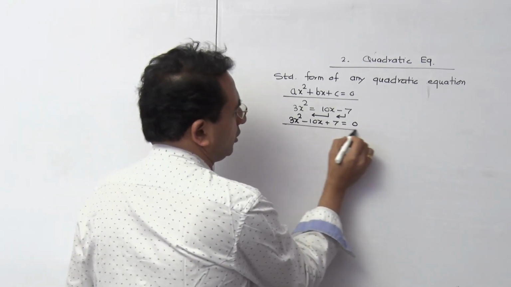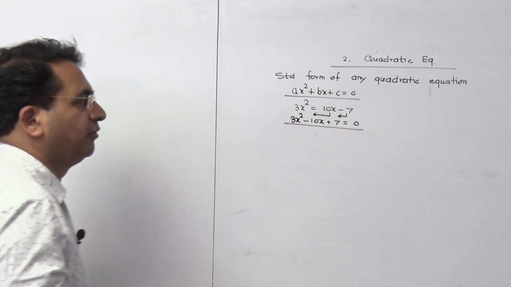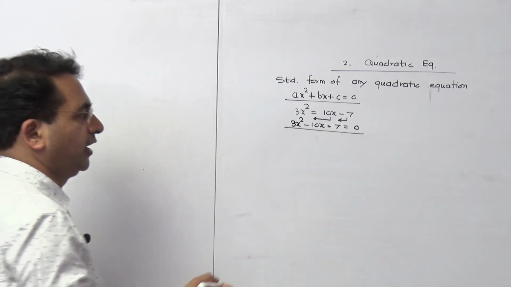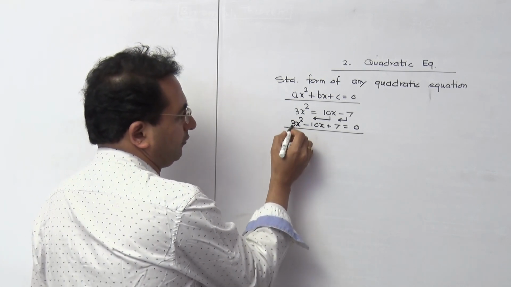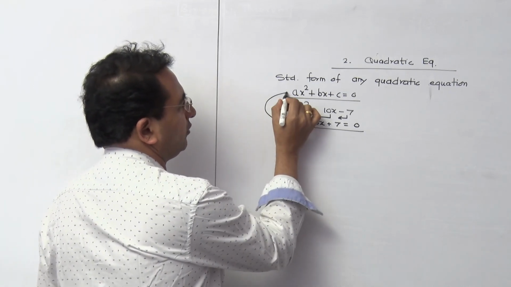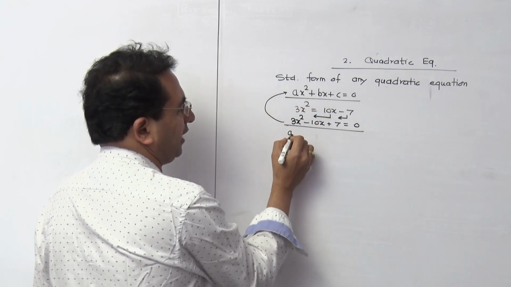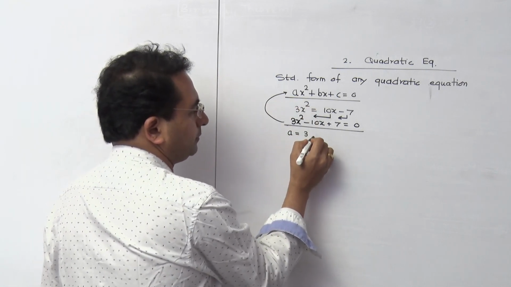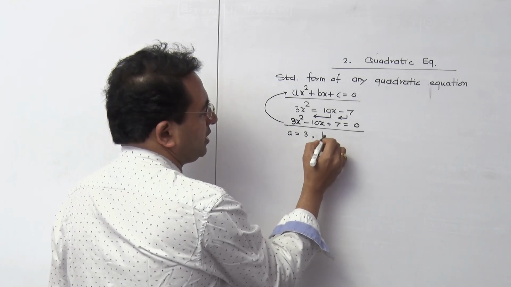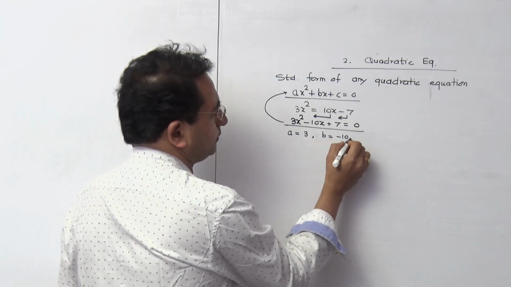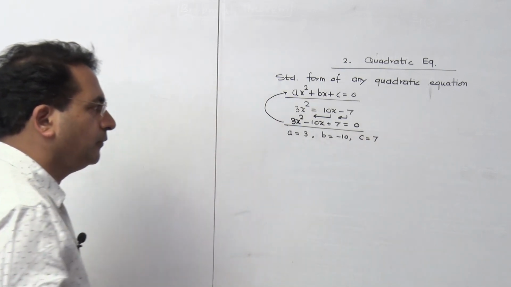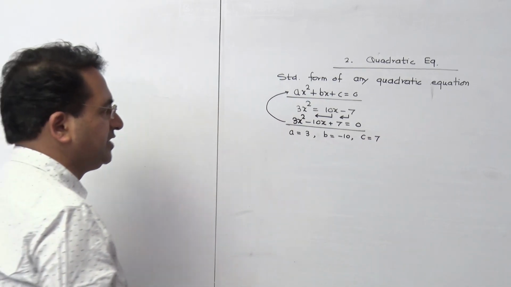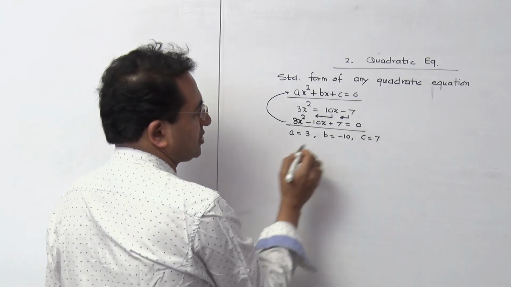So this equation is what we call as standard quadratic equation, standard form. So if you compare this equation with the standard form, then the value of A is 3. The value of B is going to be minus 10 and value of C is going to be 7. Value of A, B, C are going to be written like this.